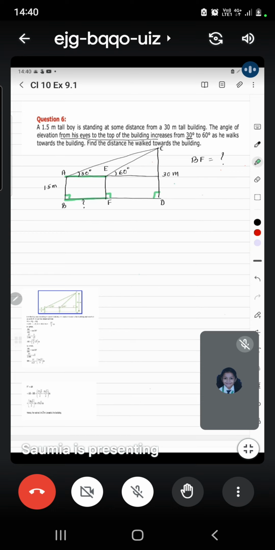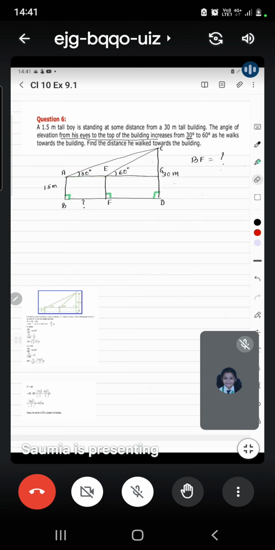Yes? Same way, my DF will be equal to my EG, I'll give a name there, let's say G. EG. Because that is also a rectangle. Now, why am I looking for these other options?